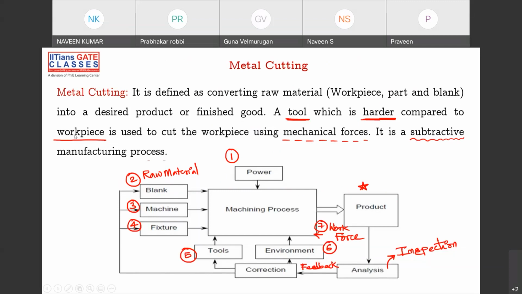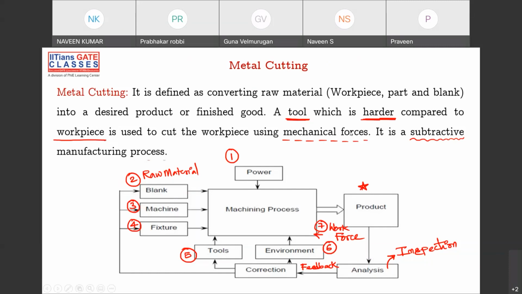Let's say you have some potato on your tray and you want to cut it. You'll pick up a knife, that is the cutting tool. So we can take an analogy of workpiece equivalent to the potato in your hand, and cutting tool can be a knife. Obviously, the knife that you're holding should be harder compared to the potato.